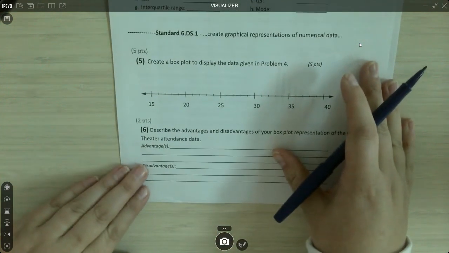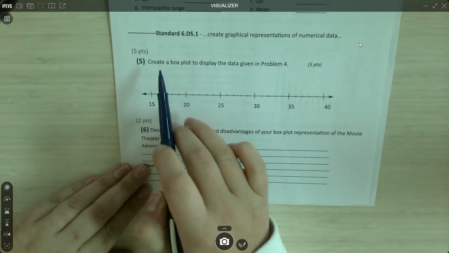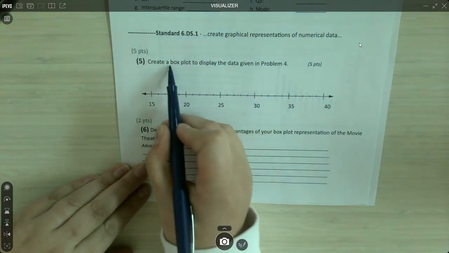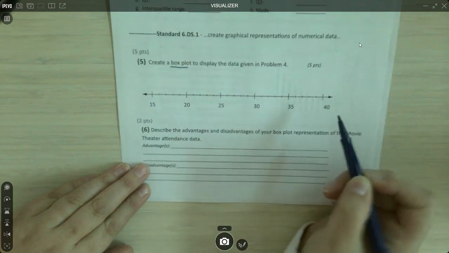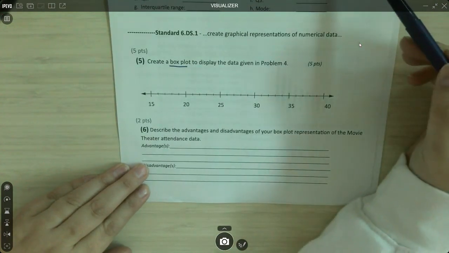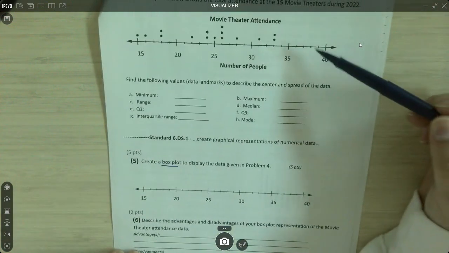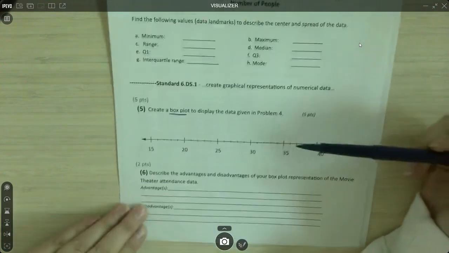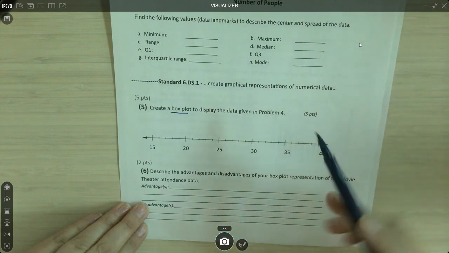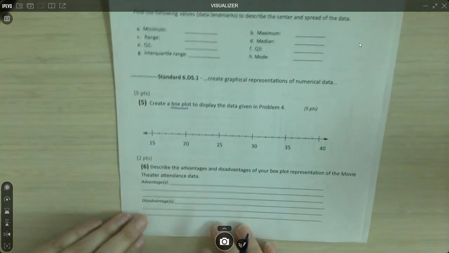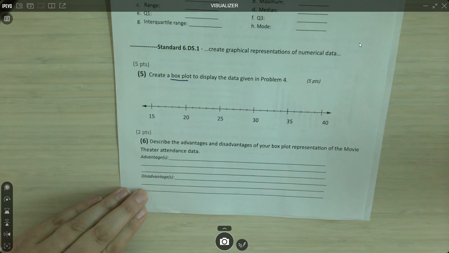And then number 5, you are going to create a box plot to display the data in problem 4. So you're going to use this data up here to help you create a box plot. So go ahead and take a few minutes so you can create that.